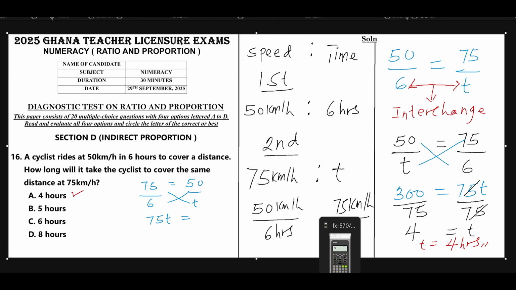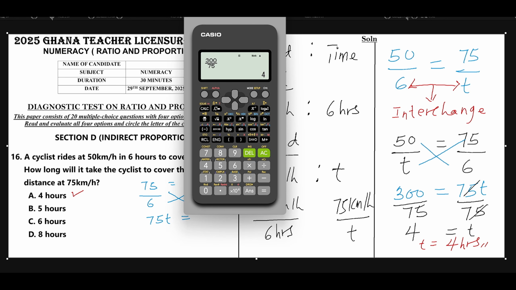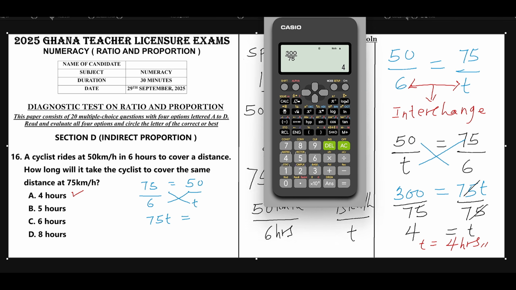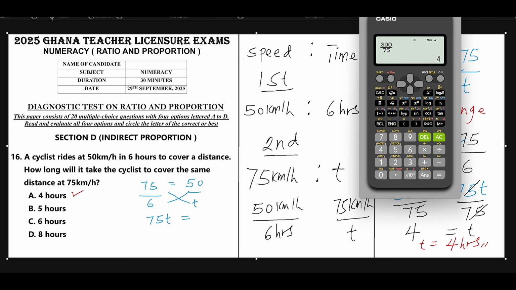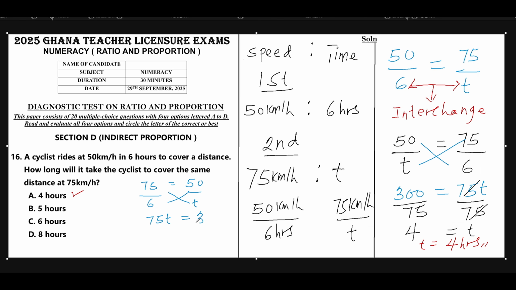6 multiplied by 50. That also gives us, I think, 300. Yes, that also gives 300. So because we are looking for t, we divide both sides by 75.